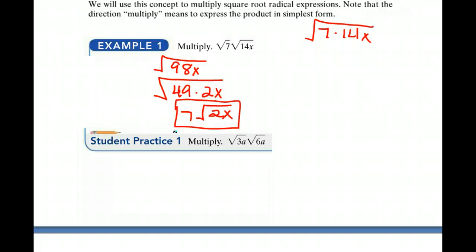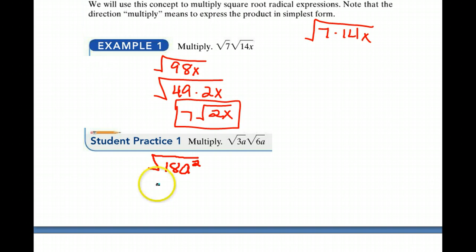Okay, by now everyone should have had an opportunity to complete this problem here. When you combine these two radicals into one, you're going to use that multiplication rule that allows us to multiply the 3a times the 6a and put them underneath one radical. So 3 times 6 makes 18, and a times a makes a squared.